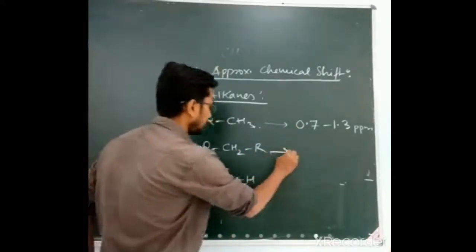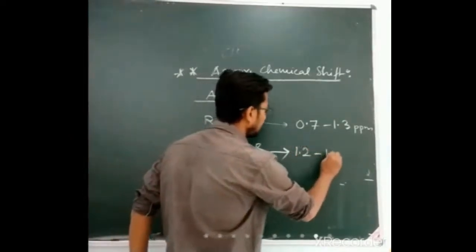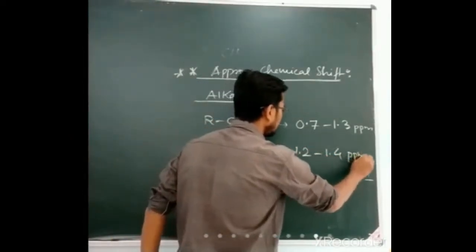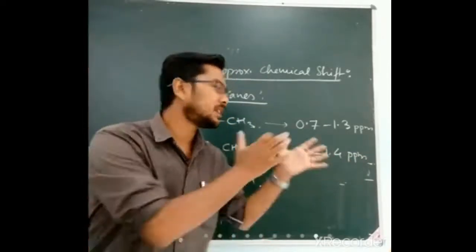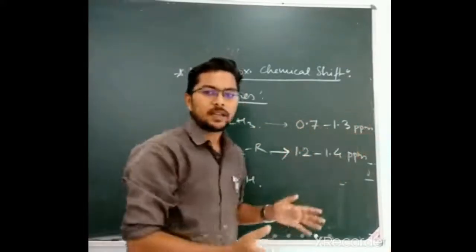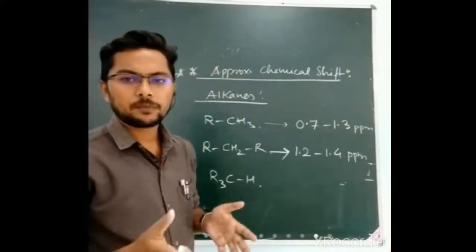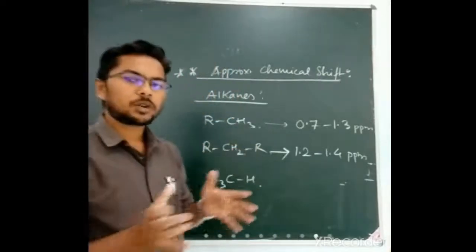Then you have the methylene protons. The methylene protons will appear in 1.2 to 1.4, and also if you follow different books, this range will vary a little bit towards this side or this side, and all these values I am following from the Pavia book. I think all of you have that book, so we will all talk about values from that.